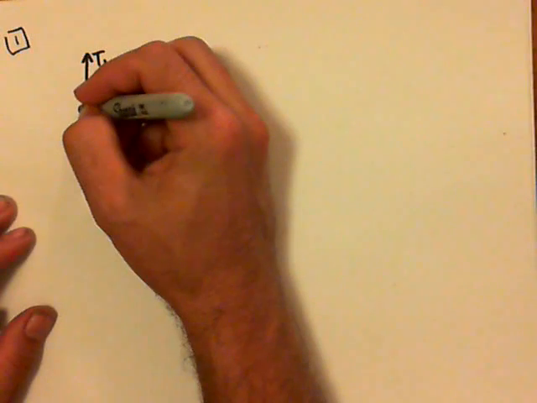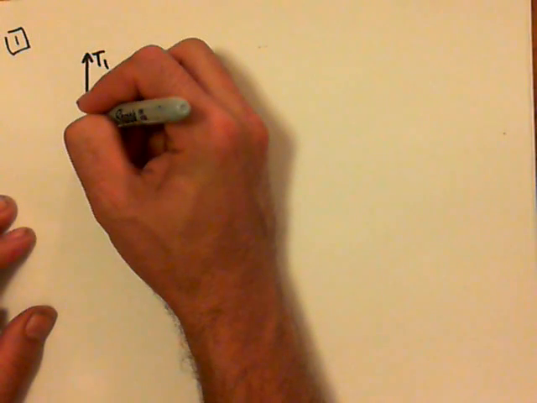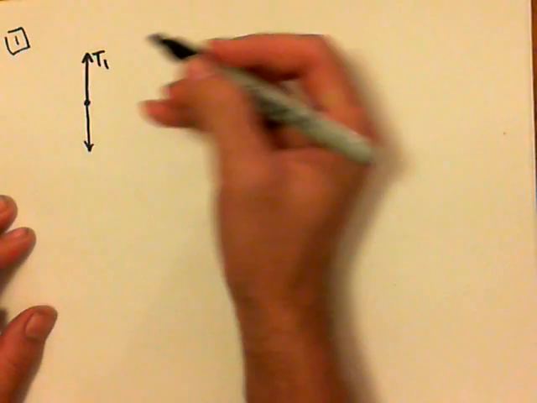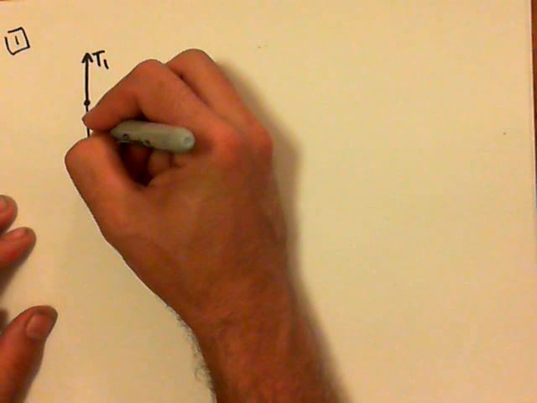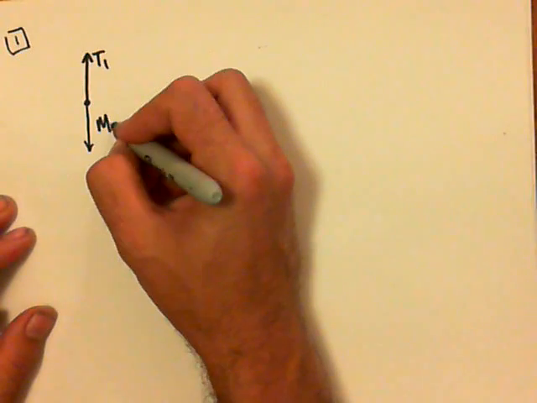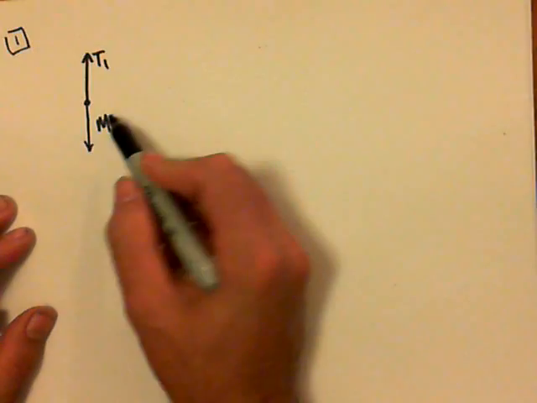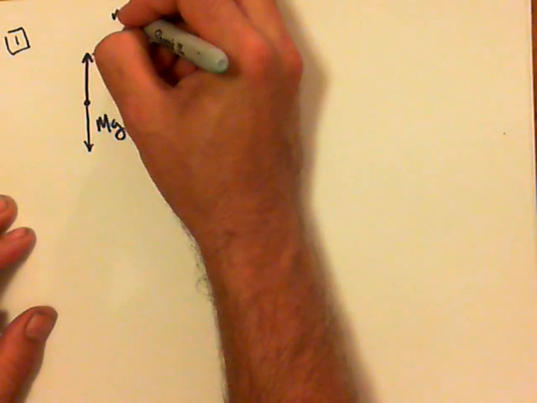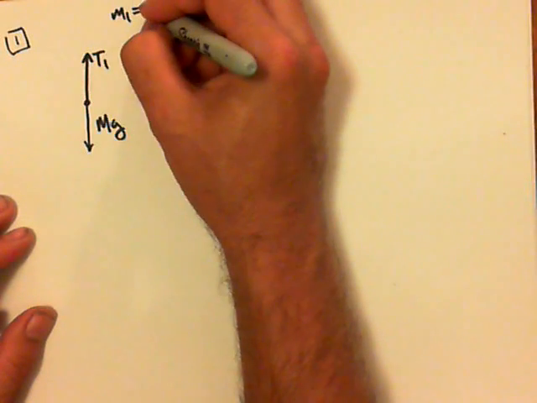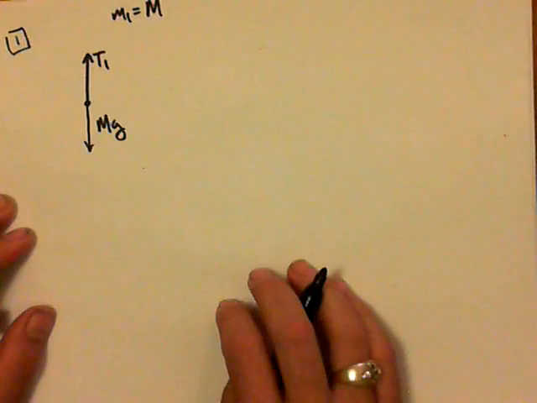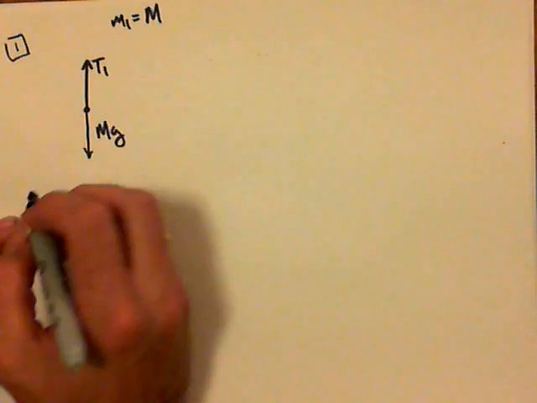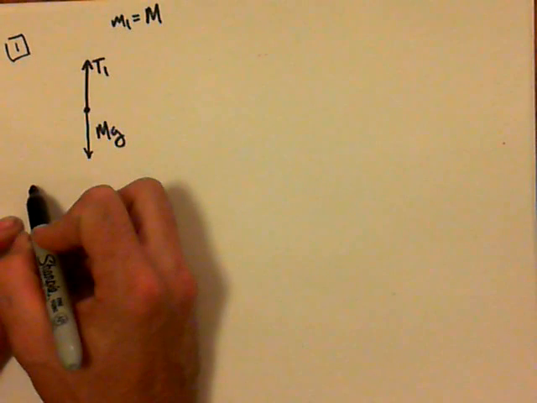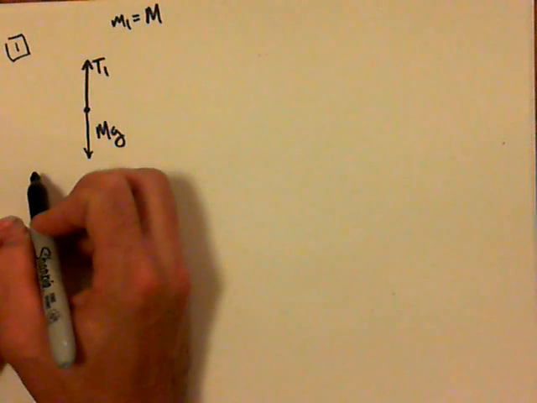And then we have the force of gravity, which is mg, because that's our mass. M1 equals capital M.